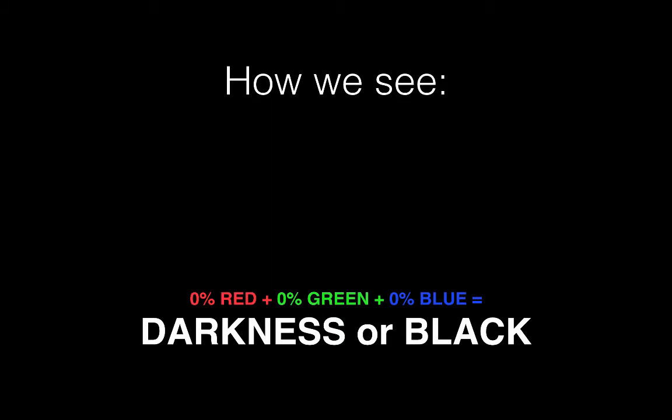The reverse is black in the additive primary color model, which is whenever you completely take away all light source, so 0% red, 0% green, 0% blue light rays, and you end up getting pure darkness or black. It's like when you walk into a room and flip off the switch so that all the light disappears and you see blackness. You turn the light on, you get all of the light rays coming in together, you get white light.